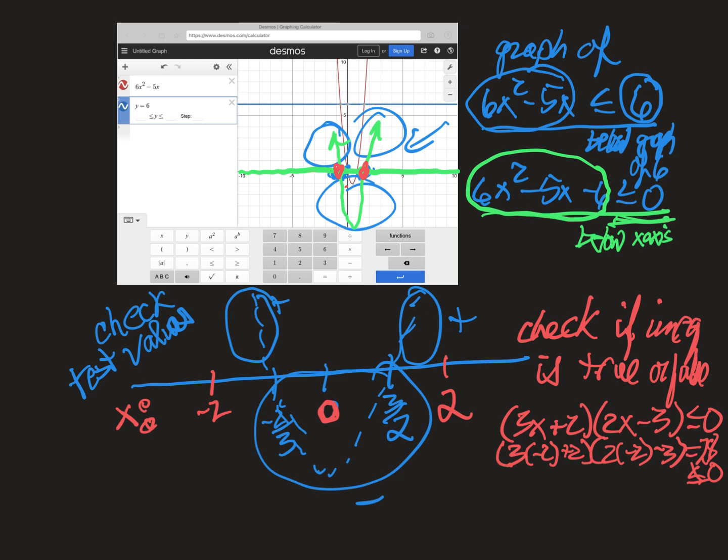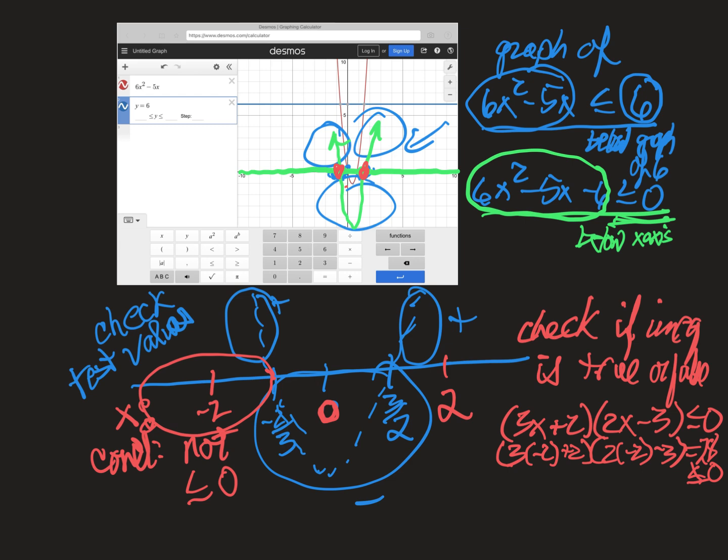So it's not a solution. So we have x, and then we have a conclusion, not less than or equal to 0. Okay? It's 28, it's not less than or equal to 0. So every value in this interval is not a solution.